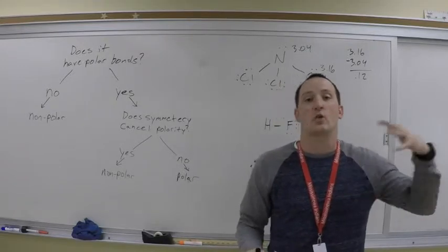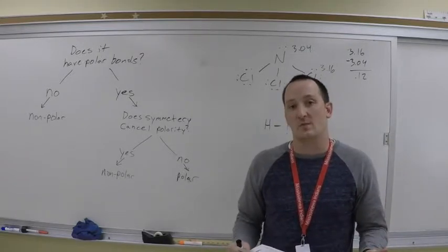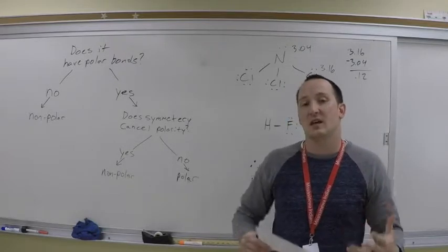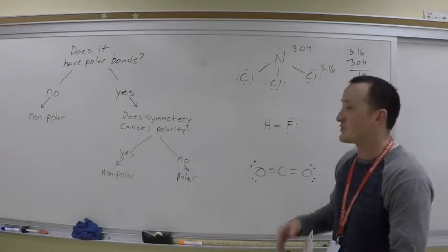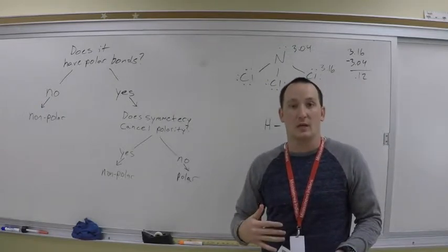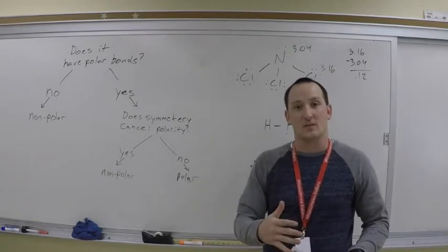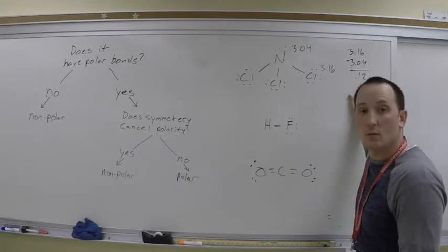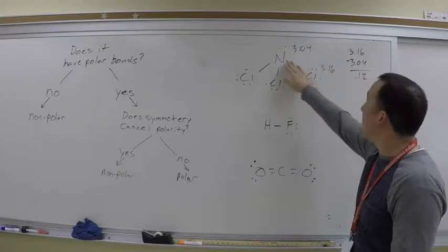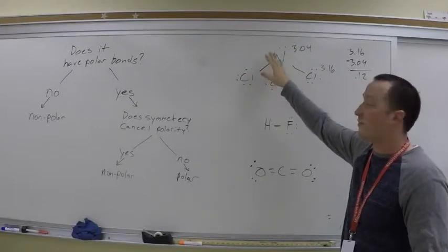And if it's anything greater than 1.7, we consider that to be ionic. So when we're asking, is this a polar molecule or not, really we're asking ourselves, is it in the range between 0.5 and 1.7 difference in electronegativity? For this one, it's 0.12, which means the bonds in this molecule would be nonpolar.